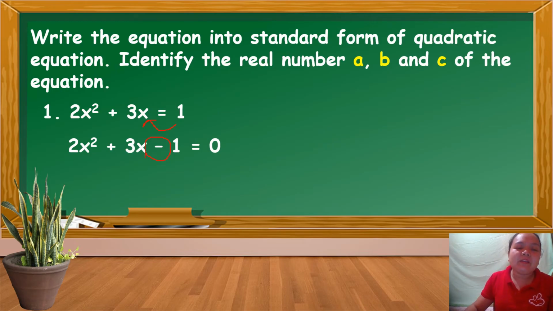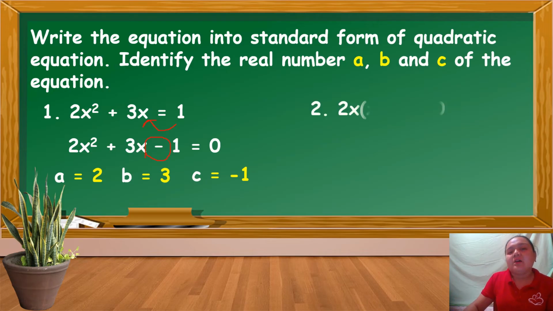Positive man yung 1 dito, pag transpose natin, maging negative 1. And that is equal to 0. Now, we can now identify what is our a, b, and c of the equation. So, our a is 2, our b is 3, and our c is negative 1. So, we will proceed to the next example.